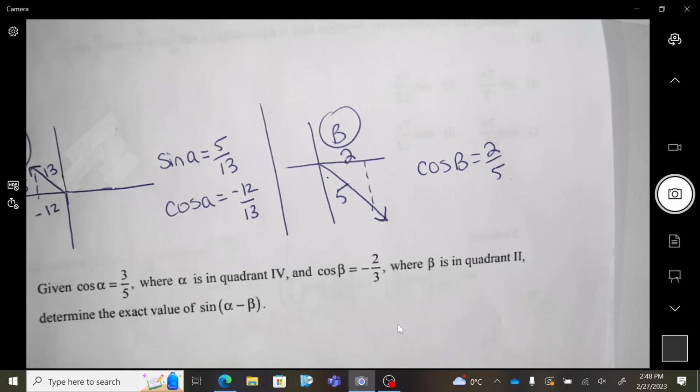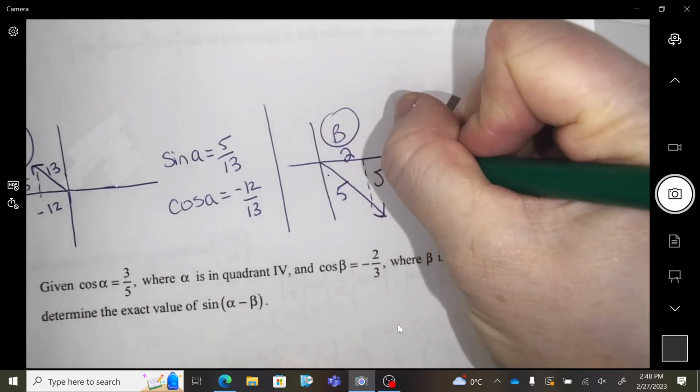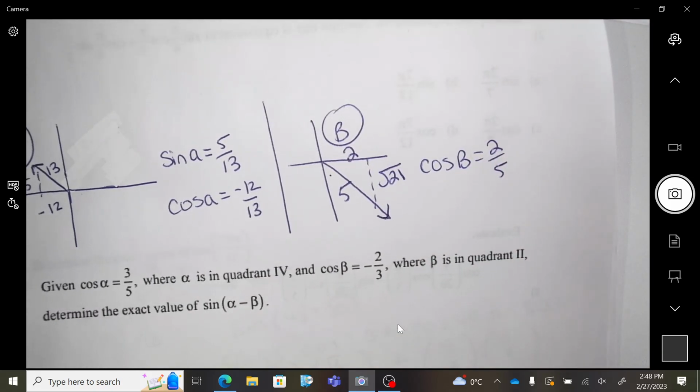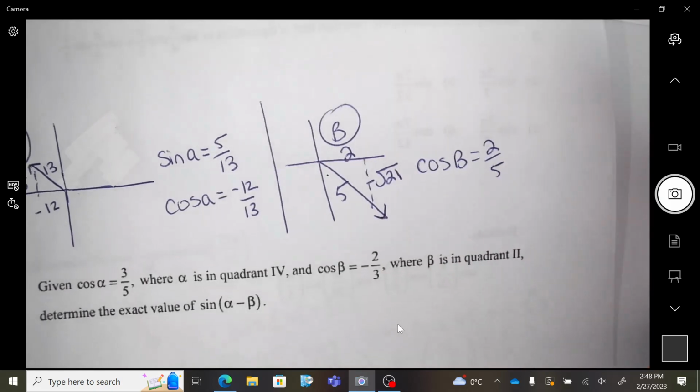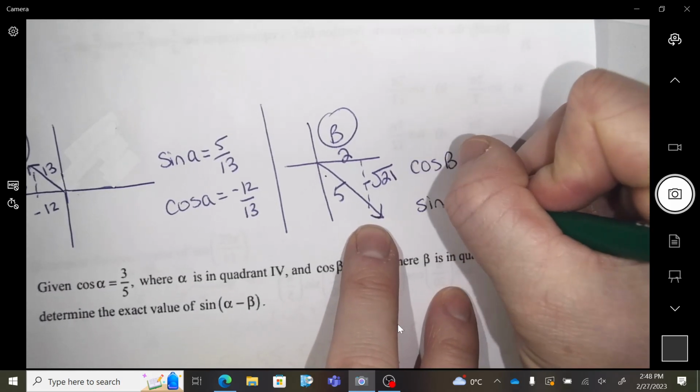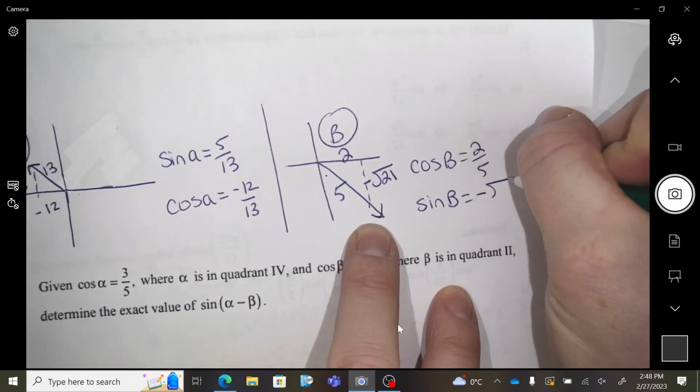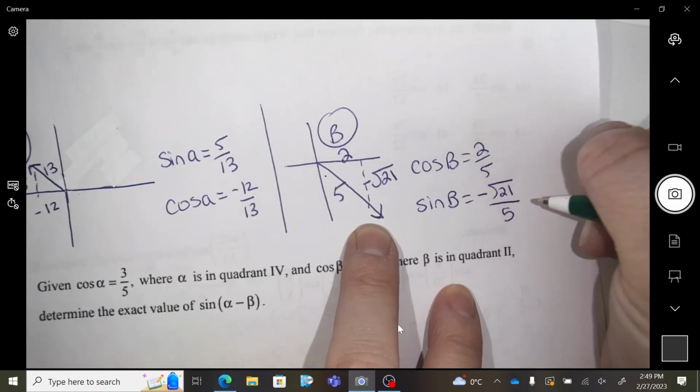Okay, this is not a nice square root, right? What is that the square root of? 21? The square root of 21 is left. Plus or minus? Minus. So the sine of B equals negative root 21 over 5.